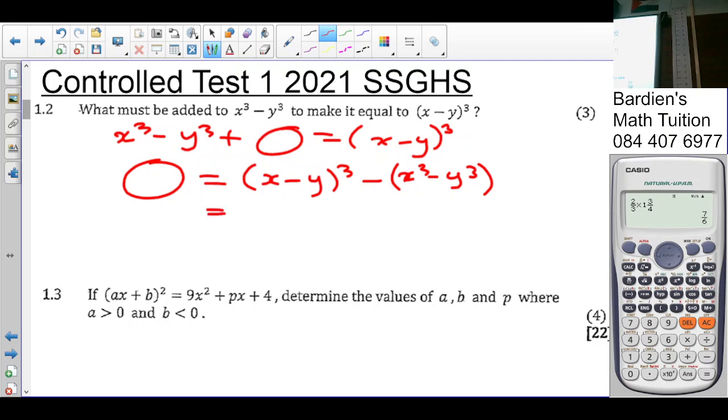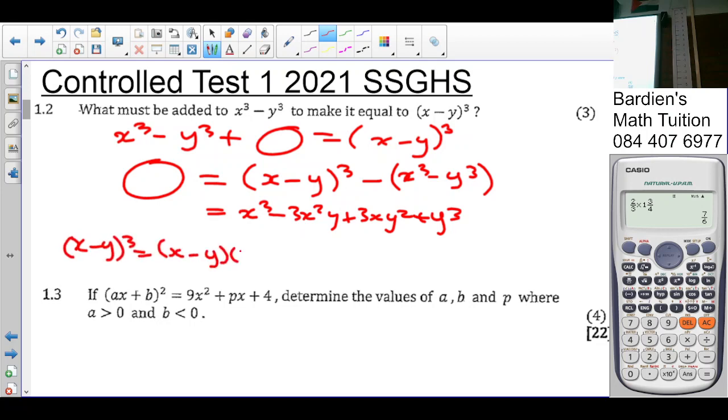So you cube this out, it's going to give you x cubed minus 3x squared y plus 3xy squared plus y cubed. Now if you don't know those rules, we can multiply that. Remember, x minus y cubed can be written as x minus y times x minus y times x minus y. So that's going to be x minus y, and this times x minus y squared, which is x squared minus 2xy plus y squared.